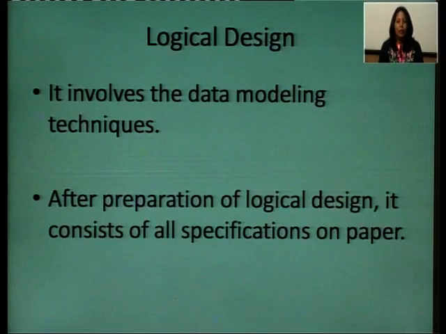It involves data modeling techniques. After the preparation of the logical design, it consists of all specifications on paper.